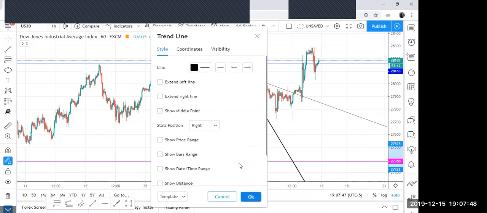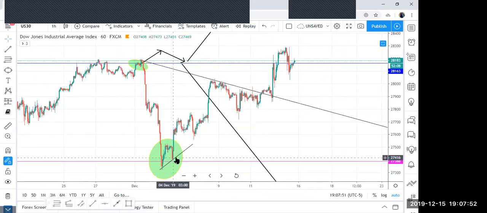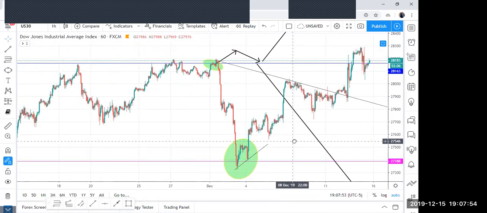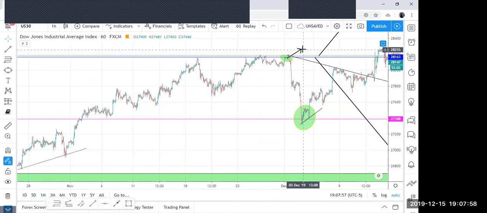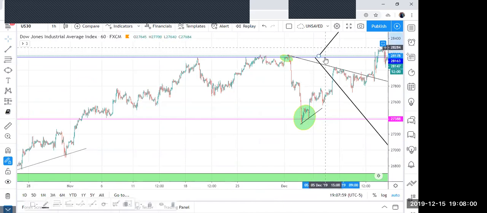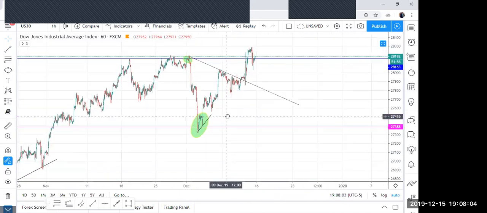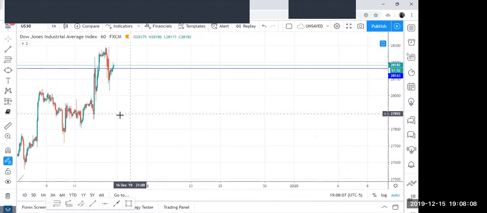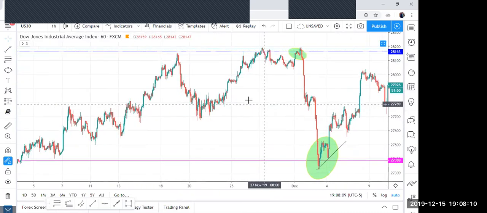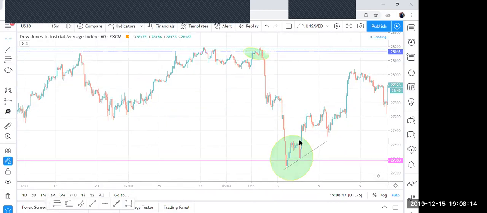That's how I look at my double bottoms. That would have been a good time for me to buy. I see it on the hour. Let's go down to 15.